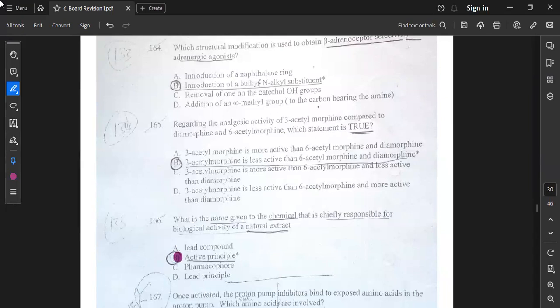So active principles or medicinal principles of plants are substances found in plants that exert a physiological or a nutritive function in the body. How different is that from a lead principle? Or is a lead principle the same thing as a lead compound?